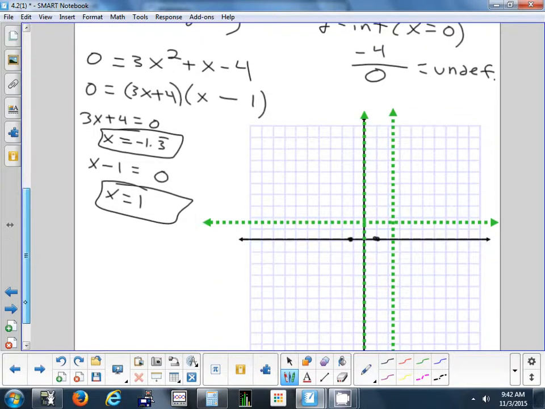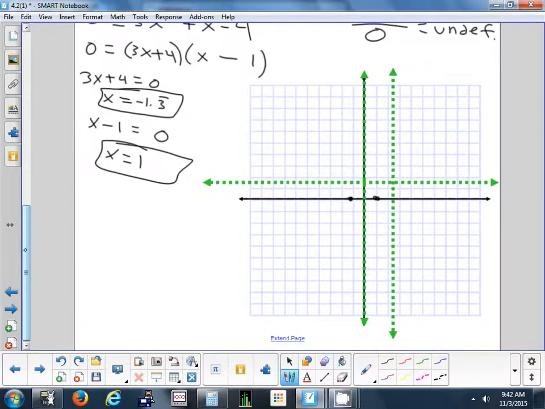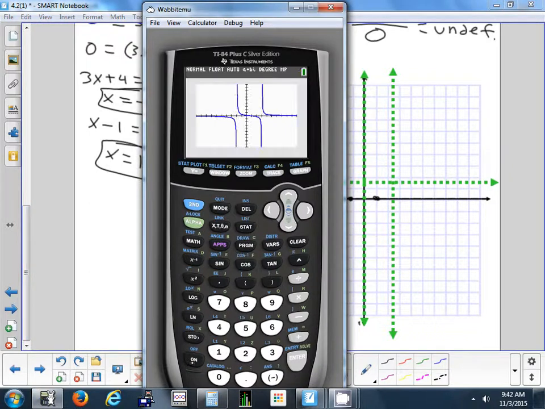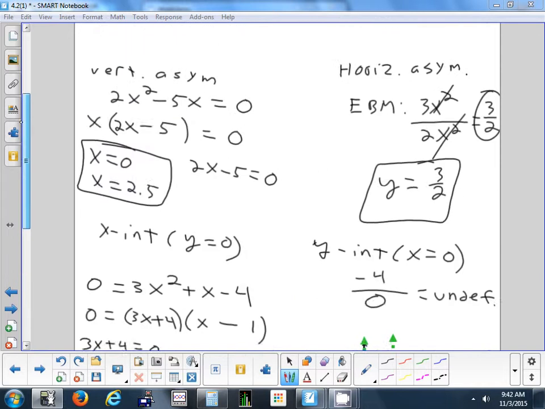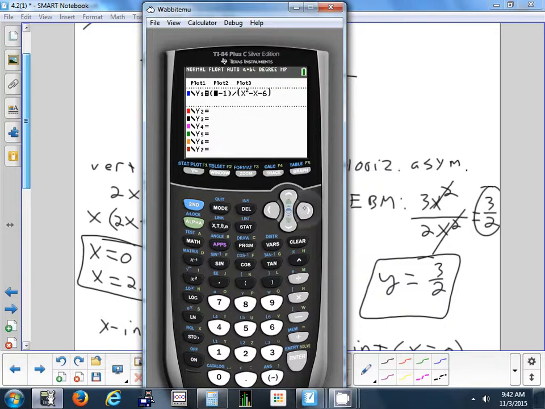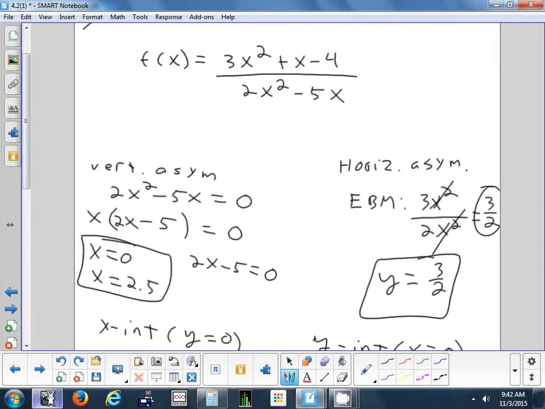So let me type it in so that I can check a point on each side. My guess is I'm going to be down here and then up there. But let's see what happens. So we got 3x squared plus x minus 4 divided by 2x squared minus 5x.